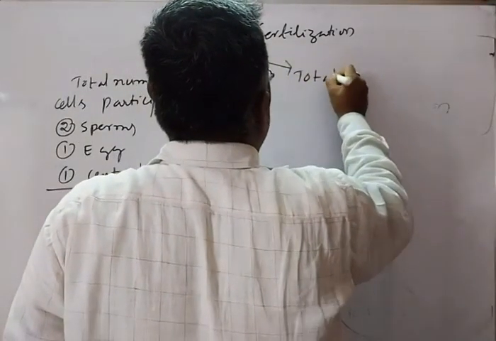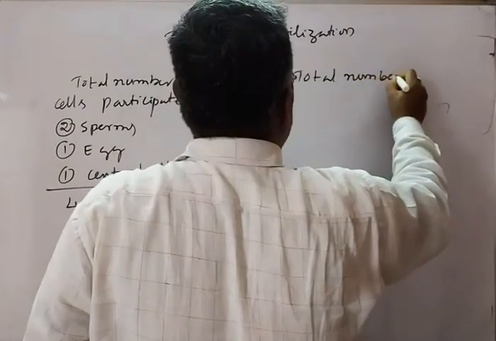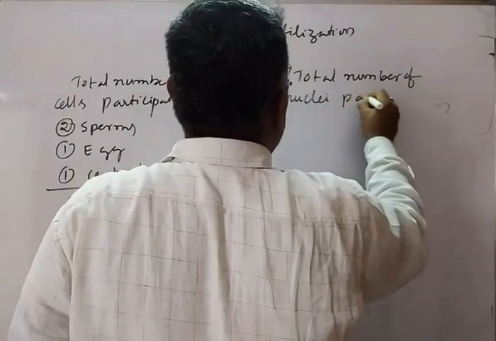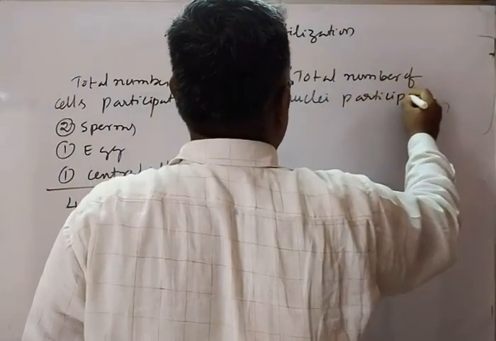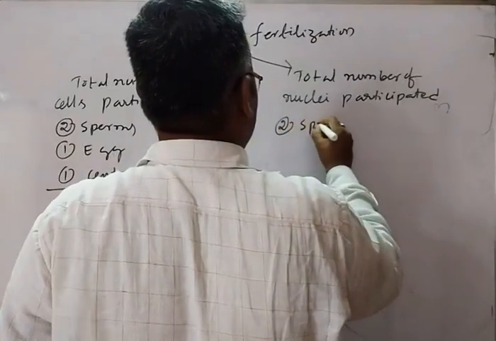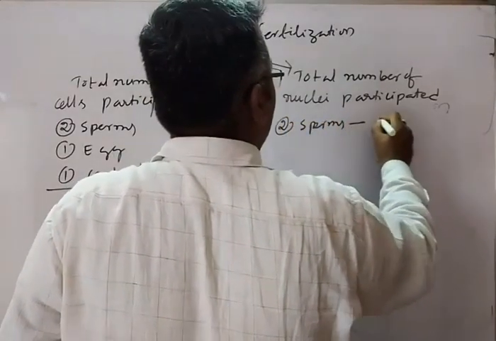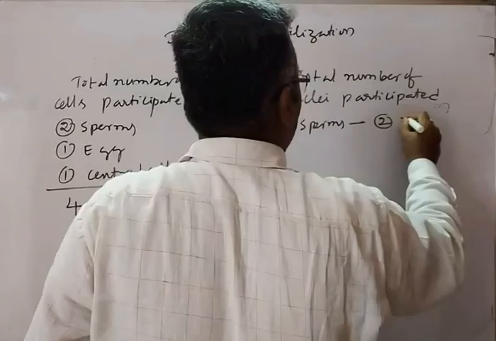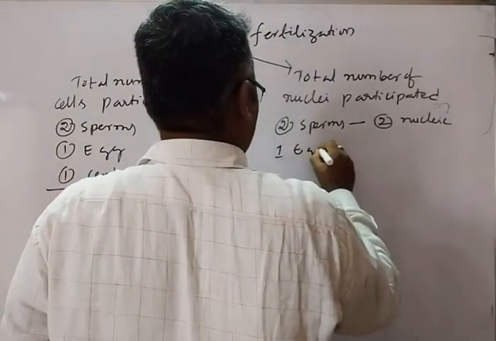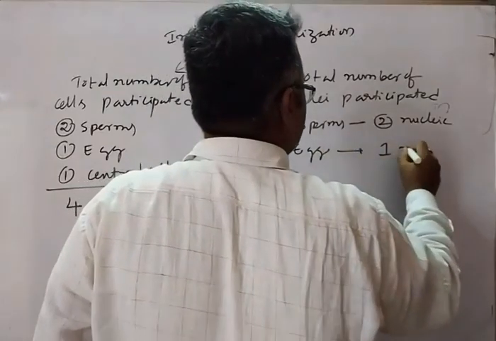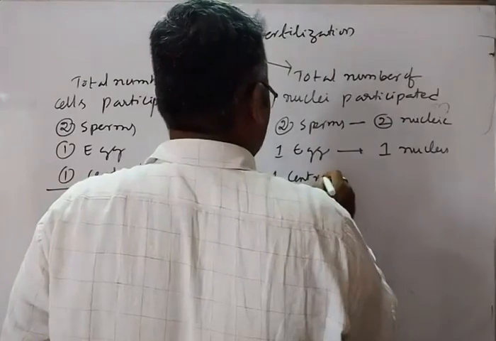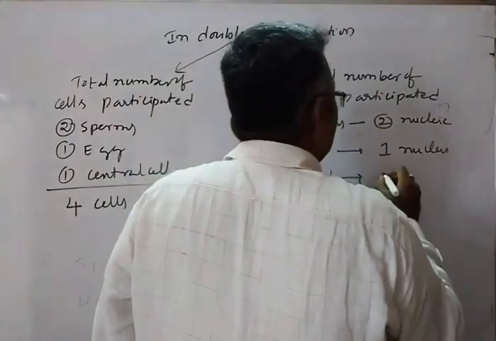Total number of nuclei participated: 2 sperms with 2 nuclei, 1 egg with 1 nucleus, 1 central cell with 2 polar nuclei.